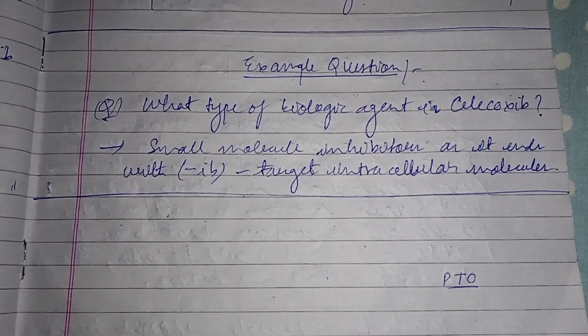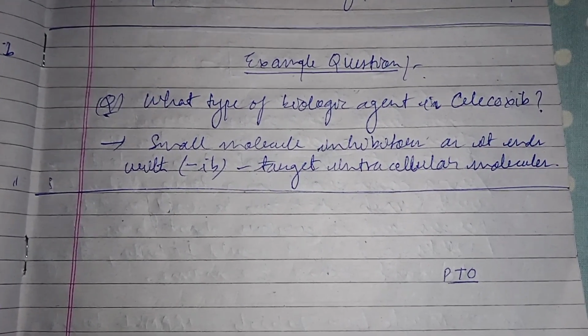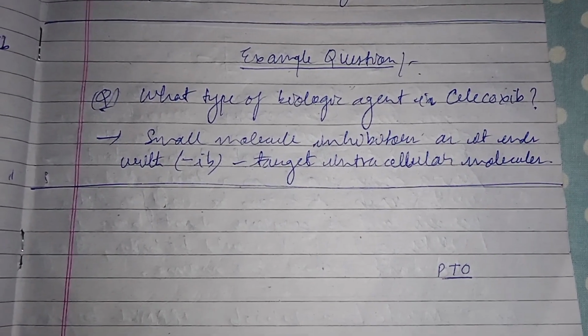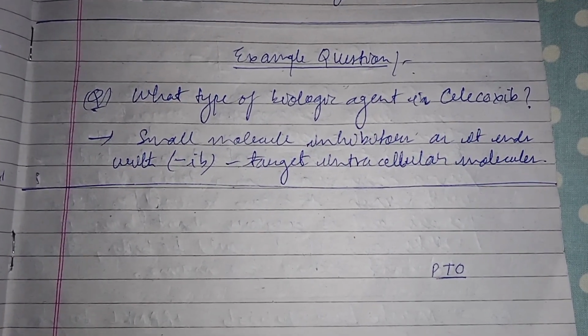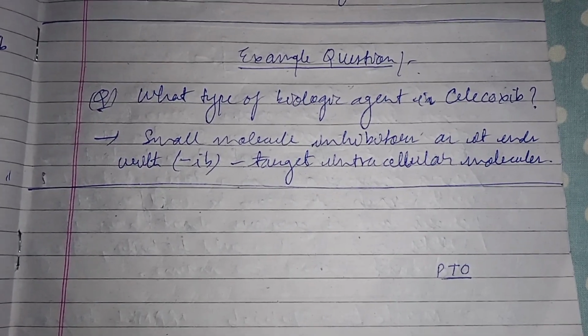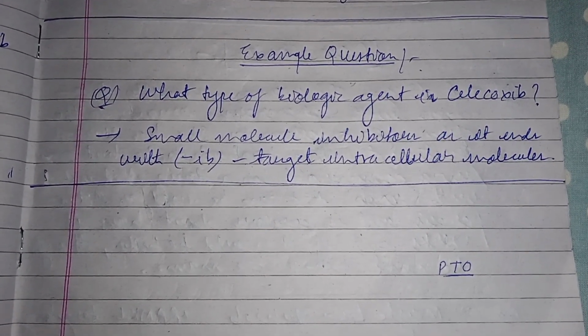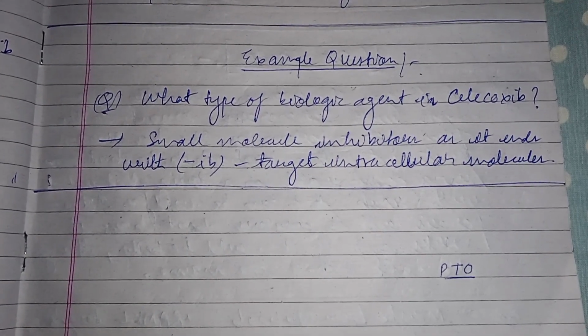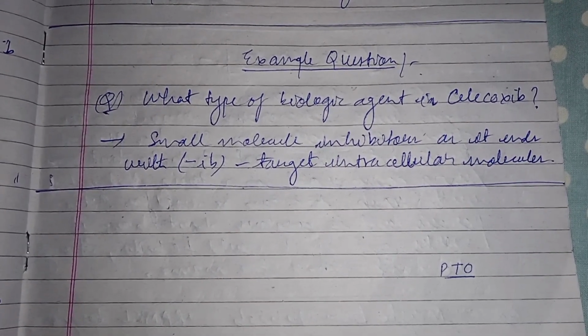It means that it belongs to the small molecule inhibitors class, as it ends with IB and it targets intracellular molecules. It is easy, isn't it? I hope it is clear and helpful to gain confidence after solving some examples.